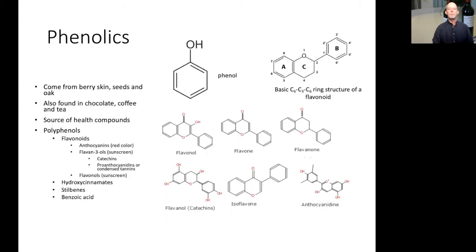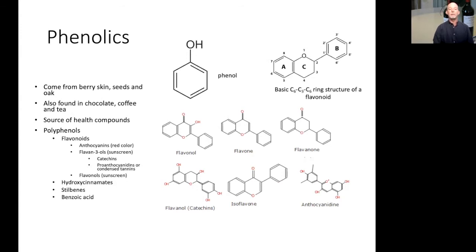So another very important class of compounds in red wine, but not so much in white wine, because red wine has a lot of these and white wine does not, is the class of phenolics.